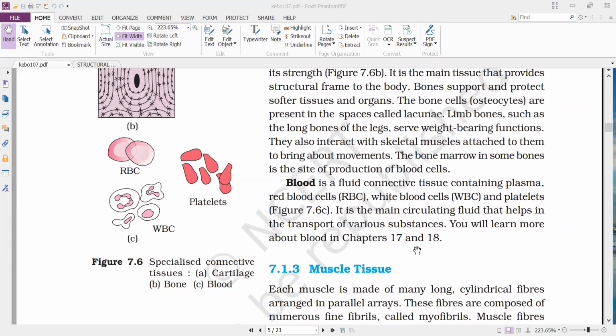Blood is considered a fluid connective tissue. The matrix of the blood, which we call plasma, consists of 85 to 90% water.